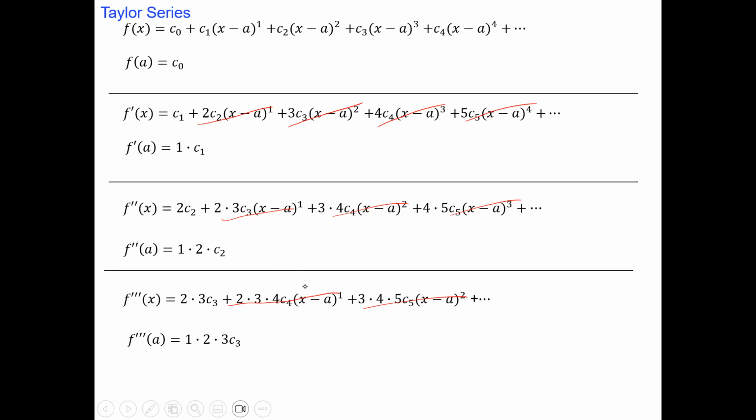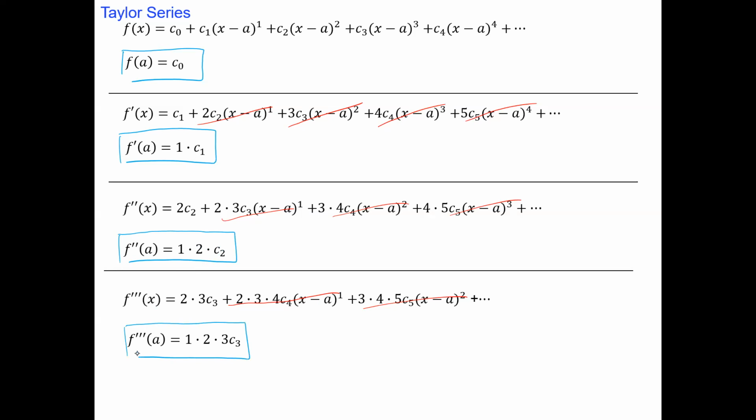And so we can easily see the pattern. C sub 0, first derivative 1 C sub 1, second derivative 1 times 2 C sub 2, third derivative 1 times 2 times 3 C sub 3.